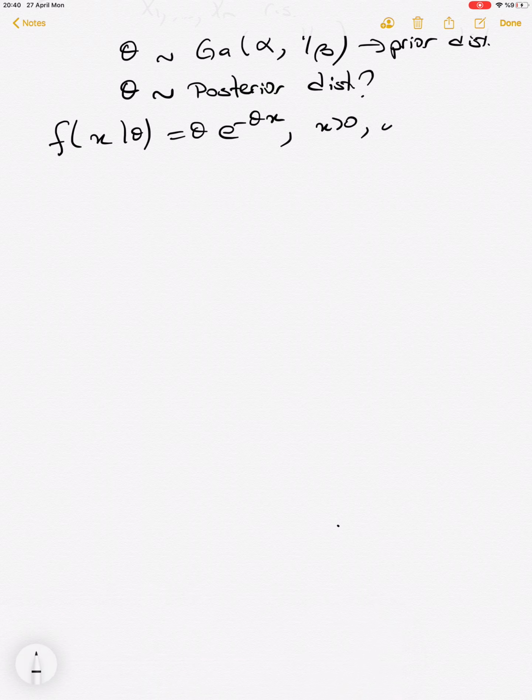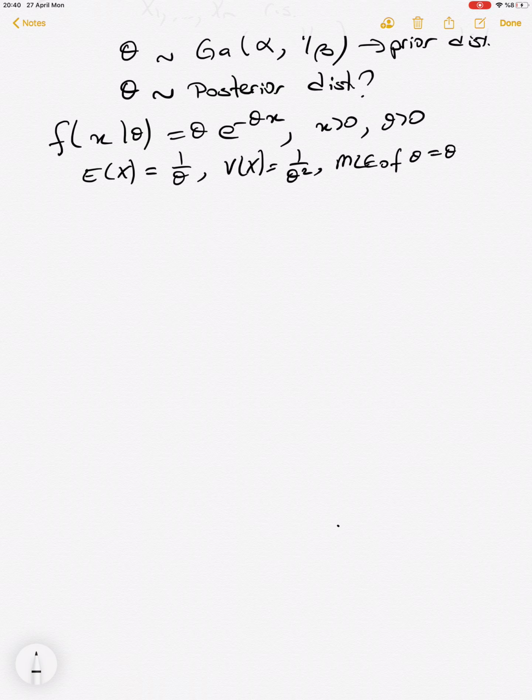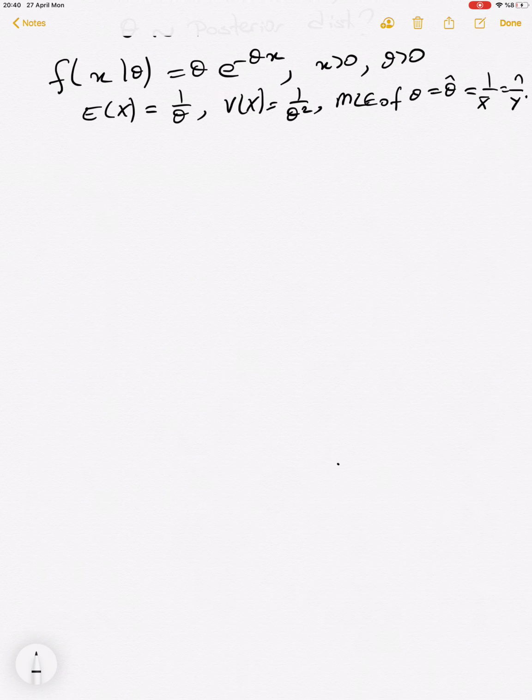Here x is greater than 0, theta greater than 0, but in this approach theta is unknown but a fixed quantity. We know that expected x is 1 over theta, and variance of x is 1 over theta squared, and the MLE of theta, theta hat, is 1 over x bar, or n over summation x, let's say. Okay, so let's see what we will obtain as the posterior distribution of theta.